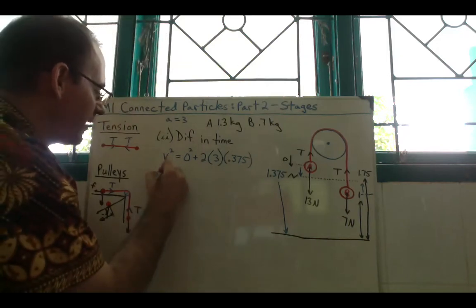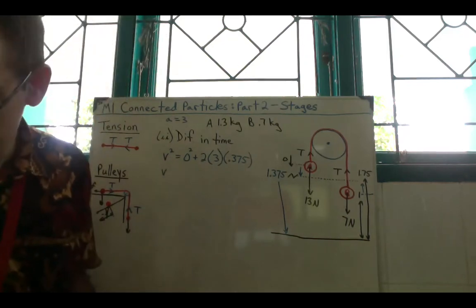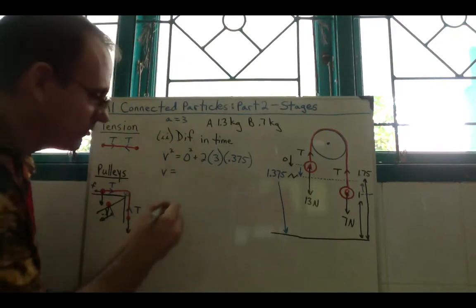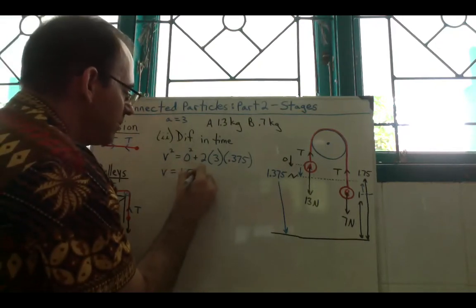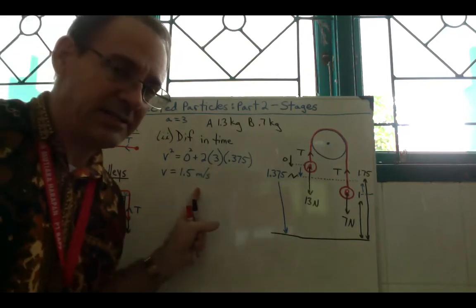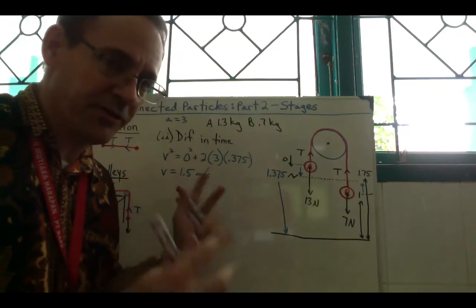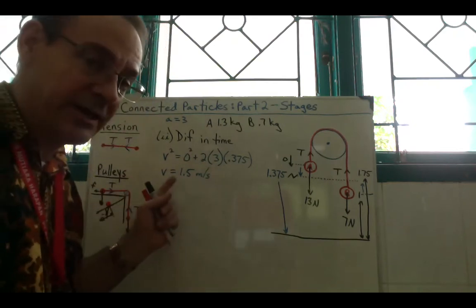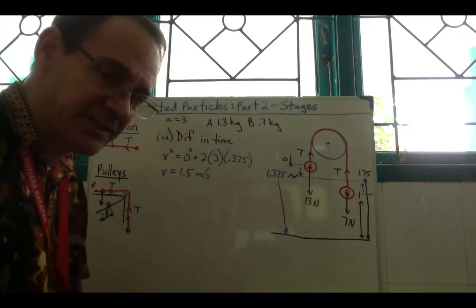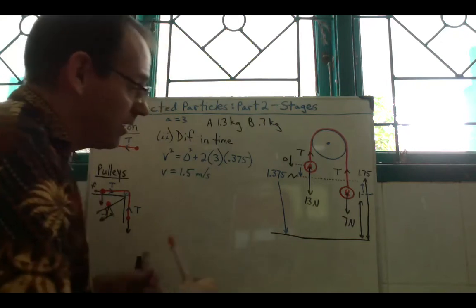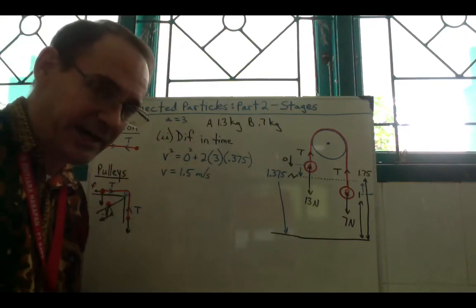So when we calculate this, you can do the calculations, velocity comes out to 1.5 meters per second. So this is the final velocity of the first stage where the string is still intact. It's also going to be our initial velocity for the second stage when the string has already broken. So what we're looking for is time.